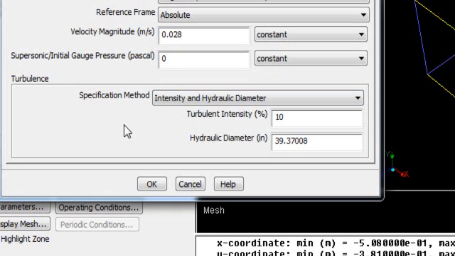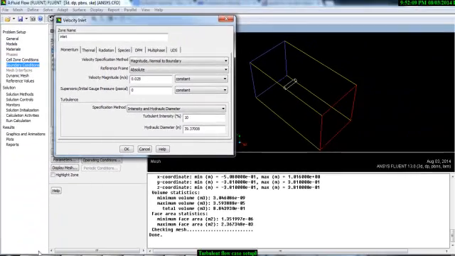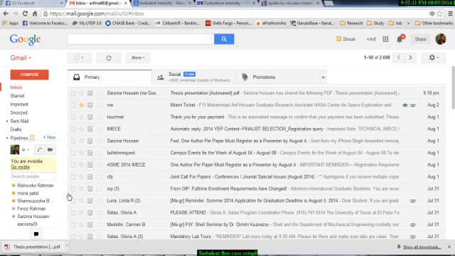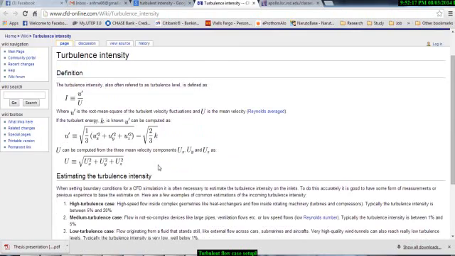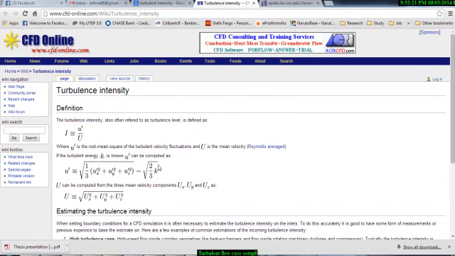Turbulent intensity itself is a very complicated mathematical term. We have to find it by statistical analysis. If you want to learn about turbulent intensity, you can go to CFD online and check this description, or you can go to any turbulence book and check the definition of turbulent intensity.